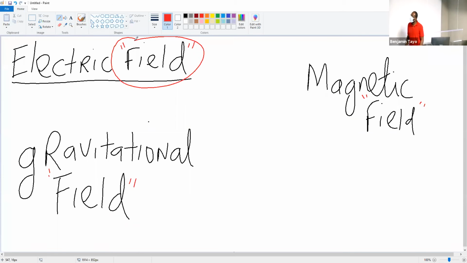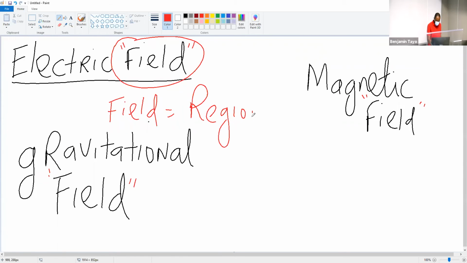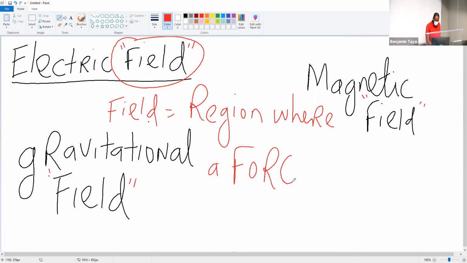So a field, by definition, is a region where a force is going to act. So a field is just a region where a force is going to act.